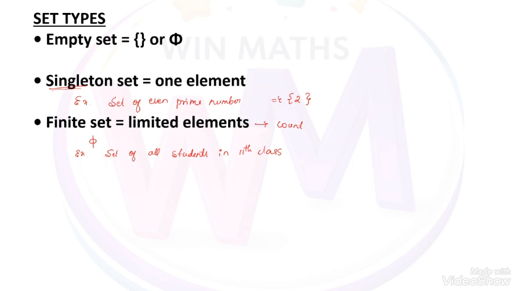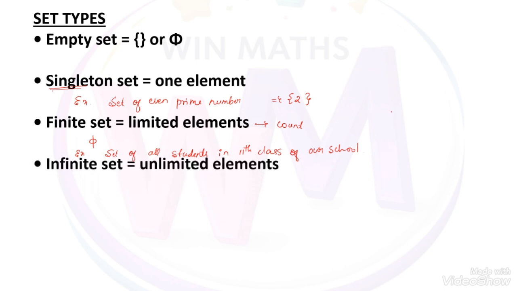In our school we can easily count the number of all the students. That's why the set of all students in 11th class of our school is a finite set.